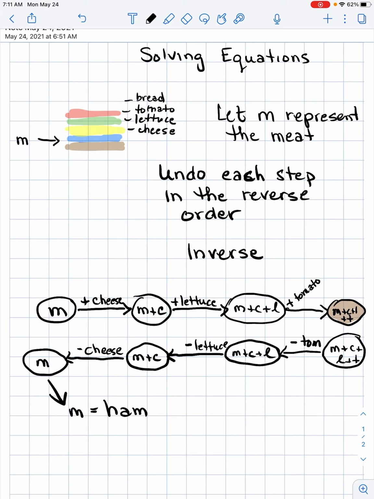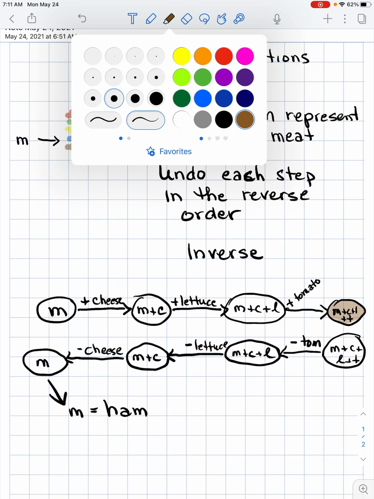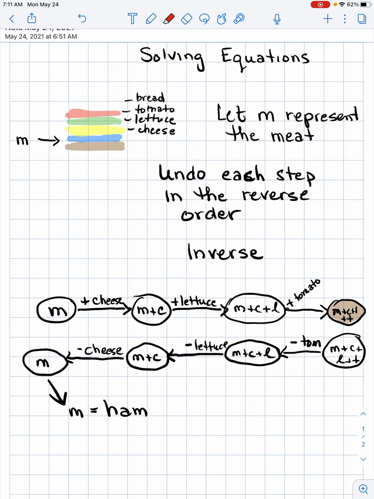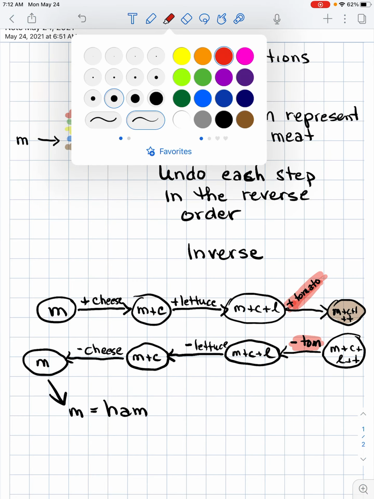Okay, so this is actually a thing. This is called arrow language. And what it does is it makes a nice lineup of all my steps so that I can do the opposite in the correct inverse order. So let's take a look. The first thing that we did was we took away the tomato. Do you see that's the inverse of adding the tomato?